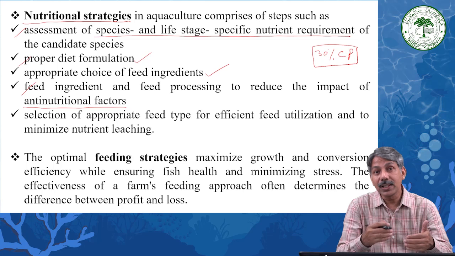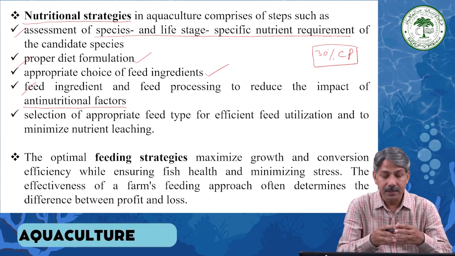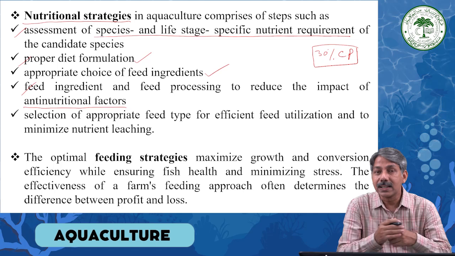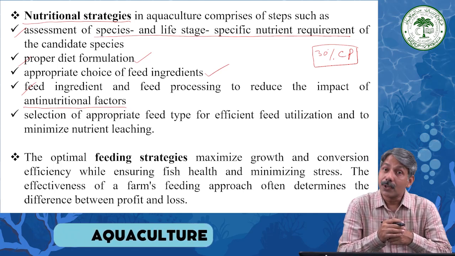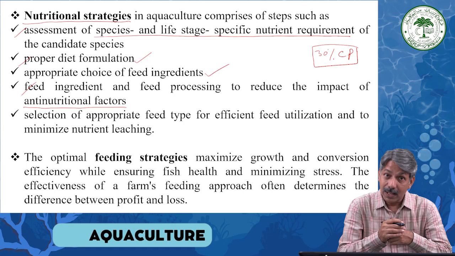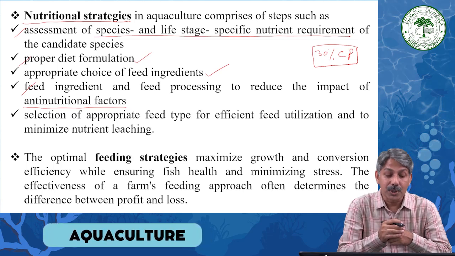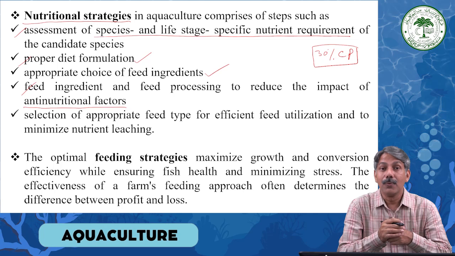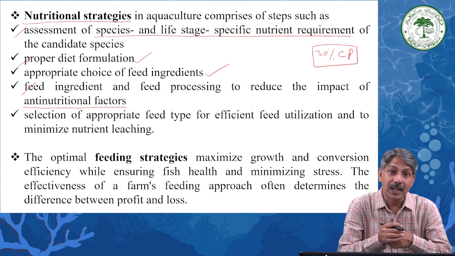If you are using oil cake, which is quite rich in protein, of mustard or rapeseed as an ingredient in your fish feed, and you use it unprocessed and untreated, then that may act as a repellent and your fish may not consume the diet prepared from untreated or unprocessed mustard oil cake.